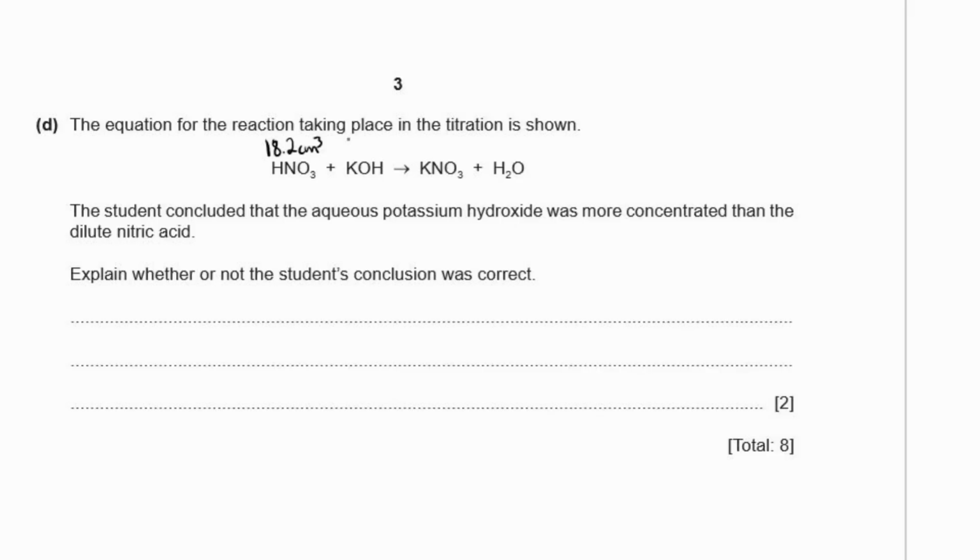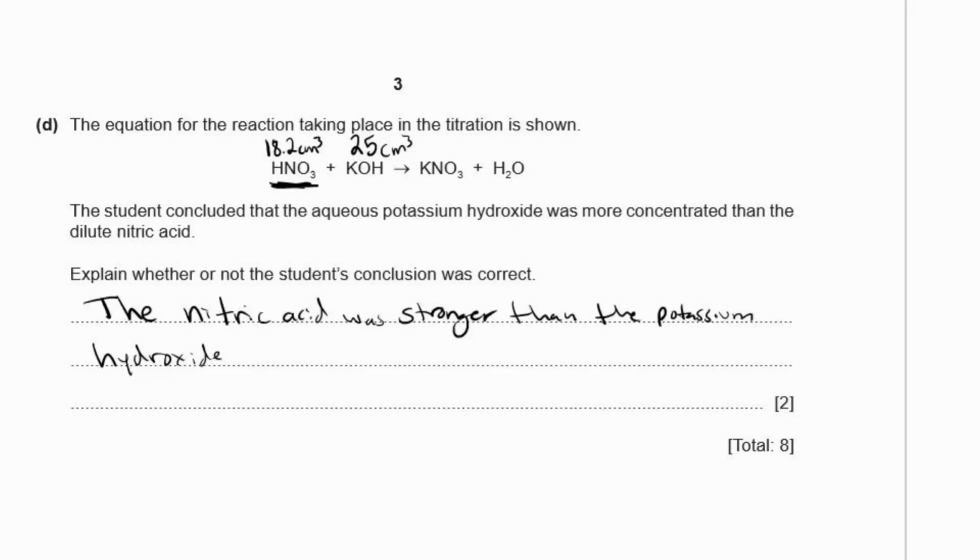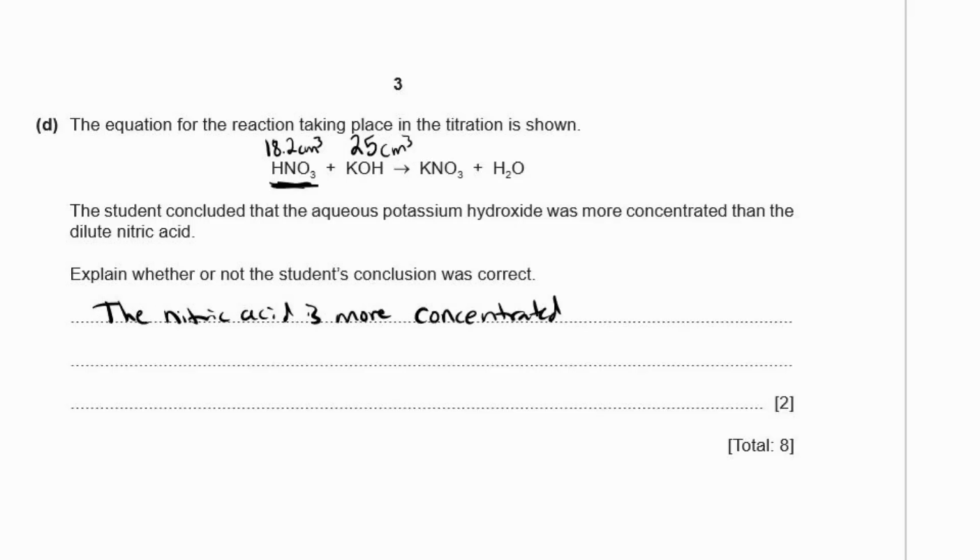And that managed to neutralize 25 centimeters cubed of potassium hydroxide. That means the nitric acid was stronger than the potassium hydroxide. The student said the potassium hydroxide was more concentrated, so that was incorrect. The student was wrong because the nitric acid is more concentrated than the potassium hydroxide.